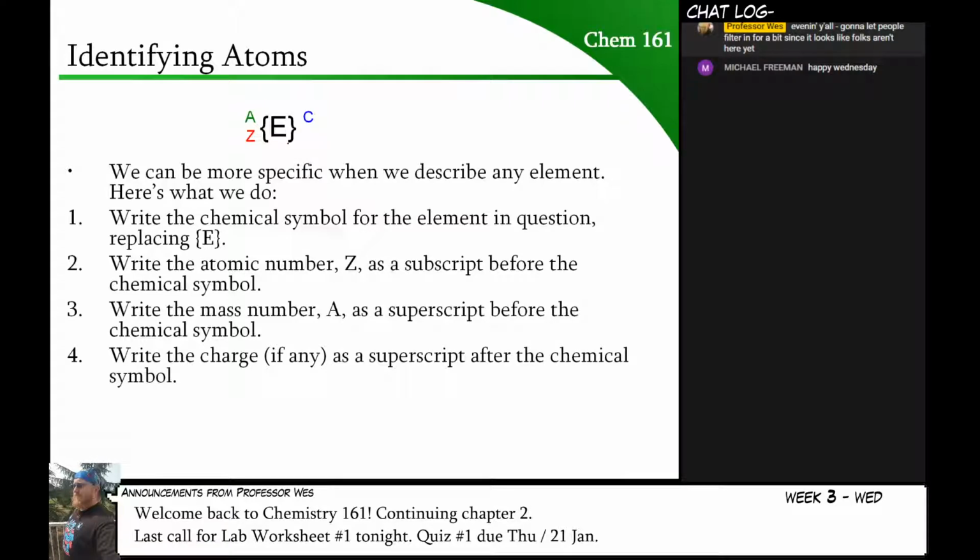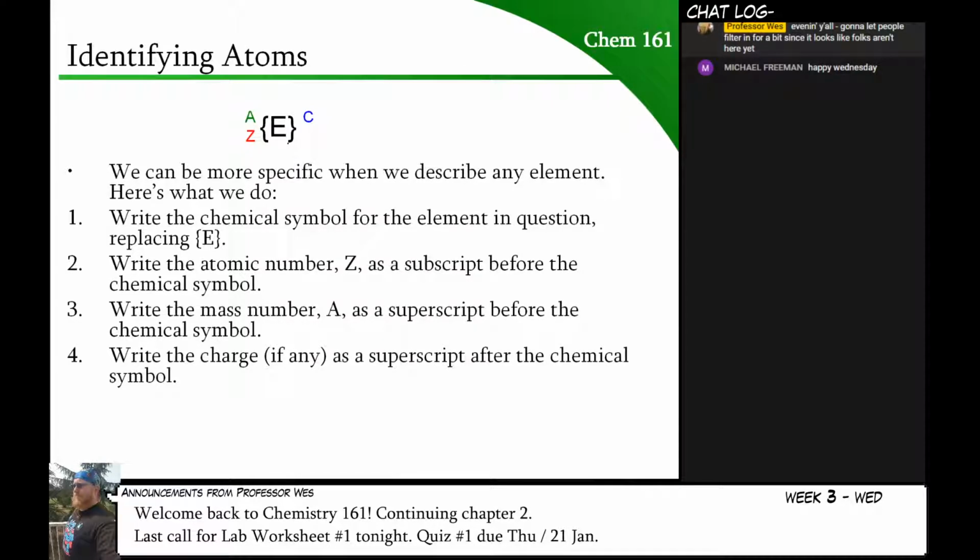When you write the charge, you need to indicate the number and the sign of the charge, unless there is no charge. So if there is 0 charge, you just leave it blank. You can also write 0. 0 is typically used just for metals, because oftentimes metals form charged complexes. But in the event that they don't, putting a 0 might be important to indicate that, hey, this is something that happens. It's not common, but it does happen.